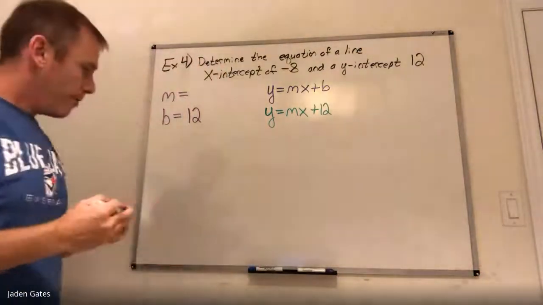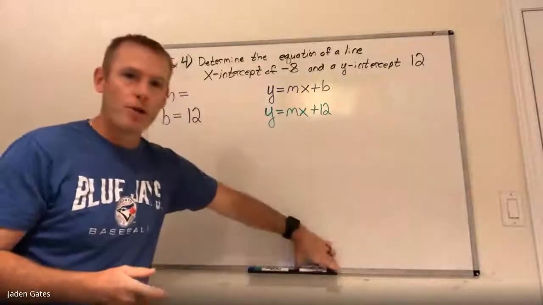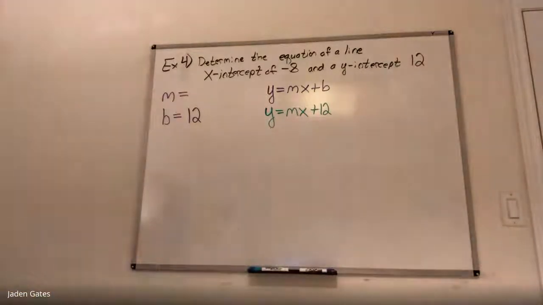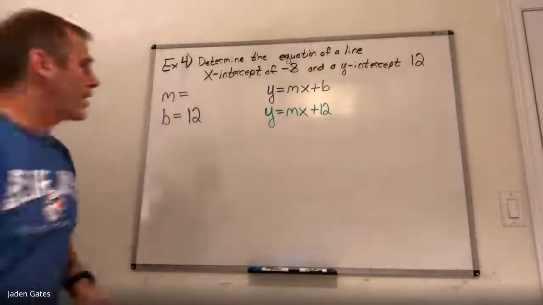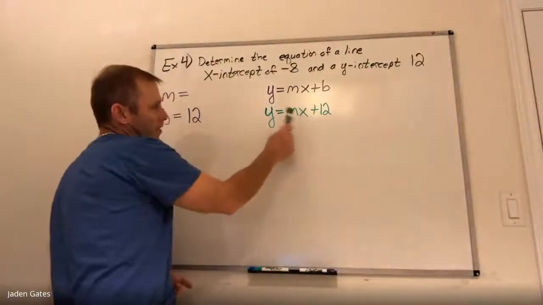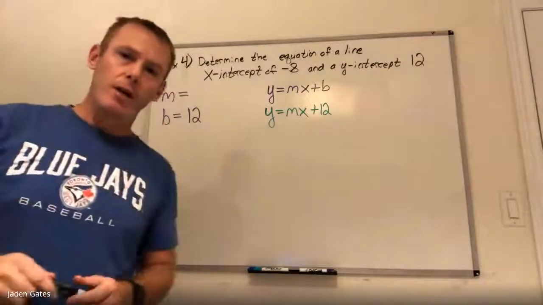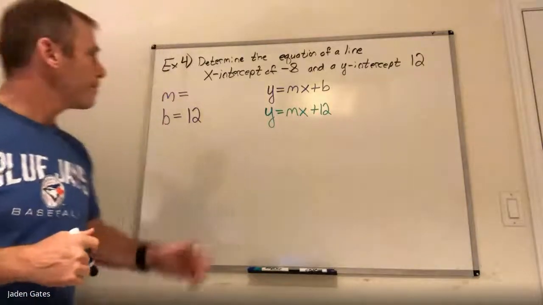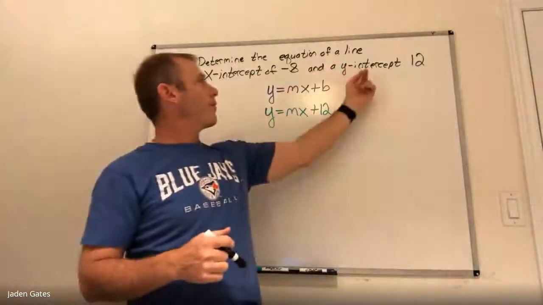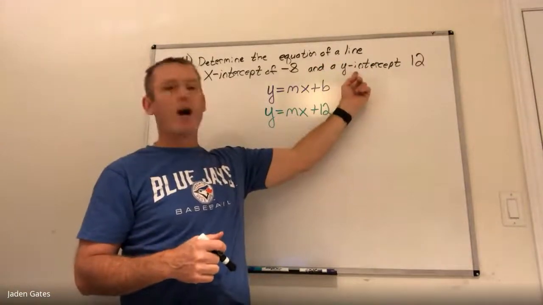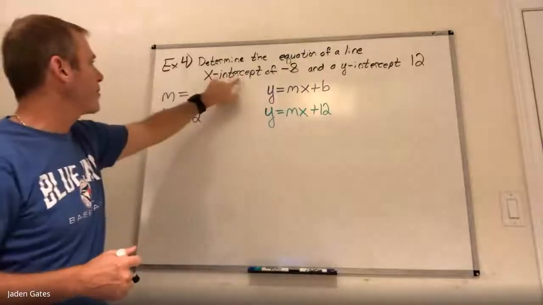All right. Now, I've always said that the finish is always the same generally. This one's just a little bit different because, again, if I have an x and a y that will work, I can find m. But there's a secret little x and a y that work here. The y-intercept is 12, but I still have this information.